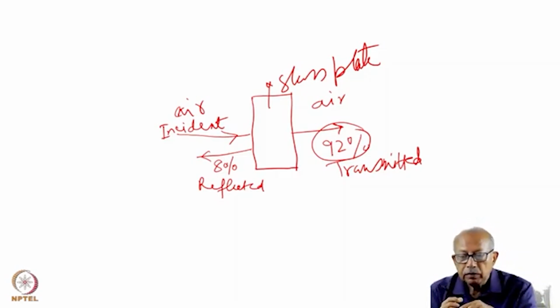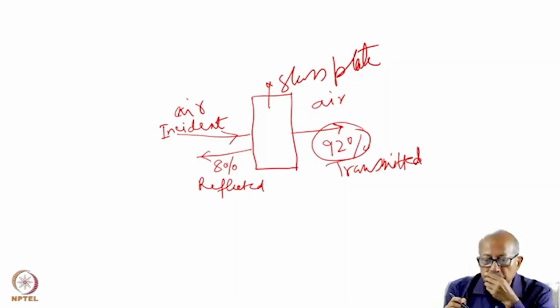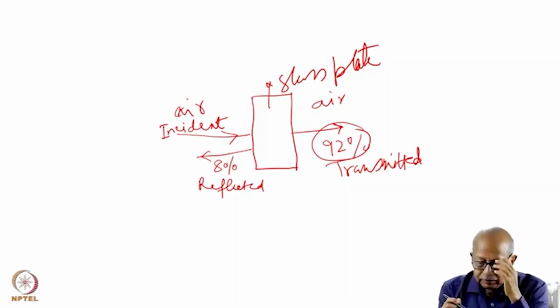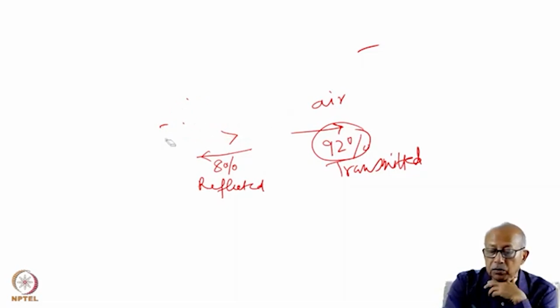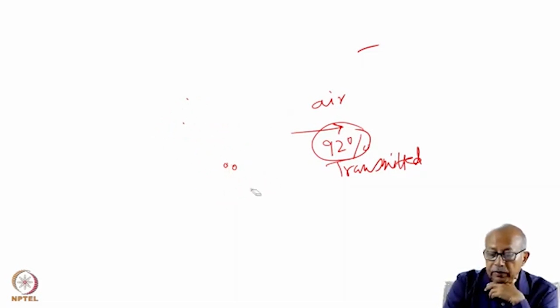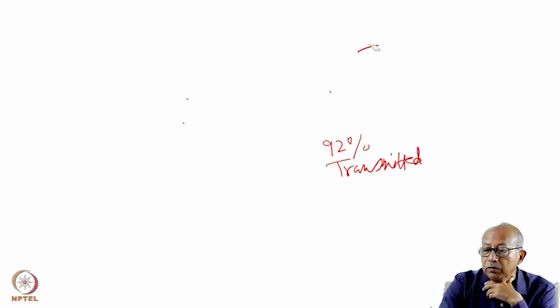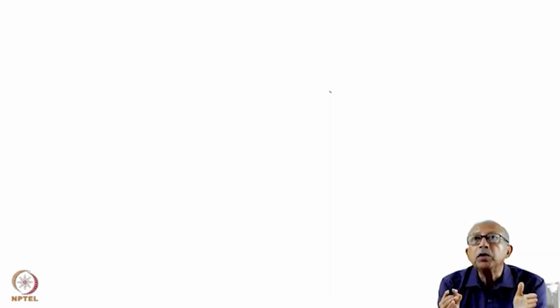All right. So let us try to understand this and try to provide an answer to whether this glass plate, which offers by itself 92% transmission and 8% reflection, can perform as an output mirror, a partially transparent mirror for the operation of a laser.